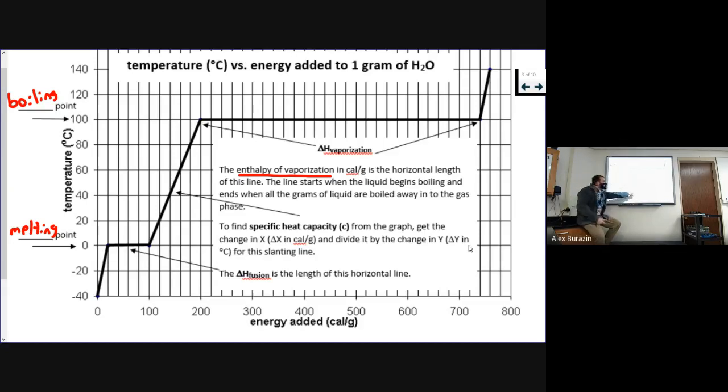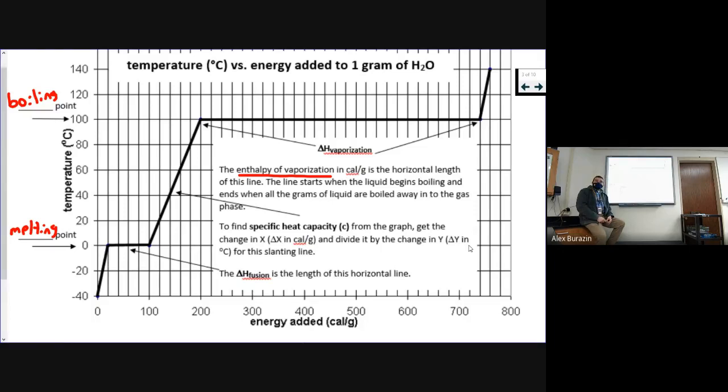Now, I can give you the enthalpy of fusion or the enthalpy of vaporization one of a couple ways. I can either give it to you on a per gram basis, meaning it takes this many calories to melt 1 gram of substance. Or I can give it to you on a molar basis, meaning it takes this many calories of energy to melt a mole of that substance.